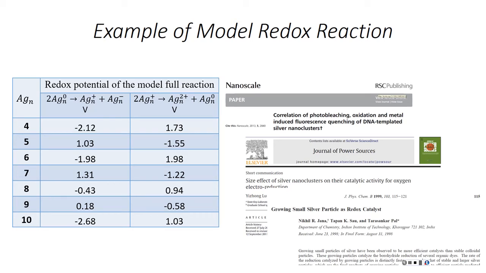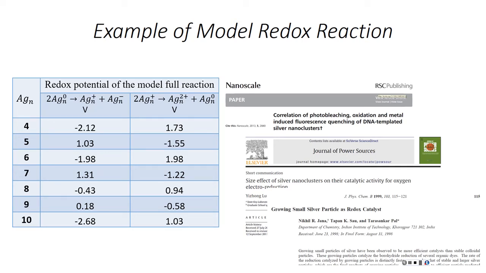For 4, this is a negative redox potential, so this reaction is not the most probable thermodynamically; the other reaction is thermodynamically more favorable.